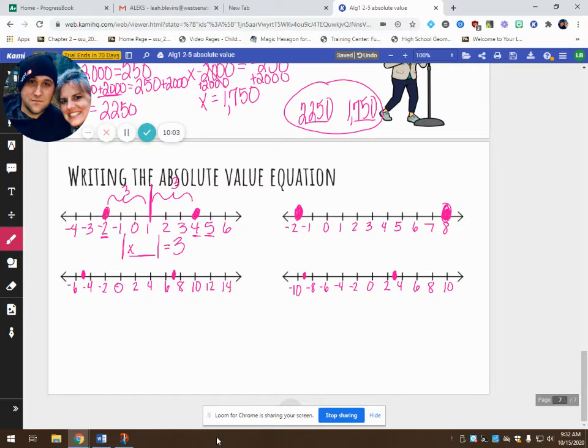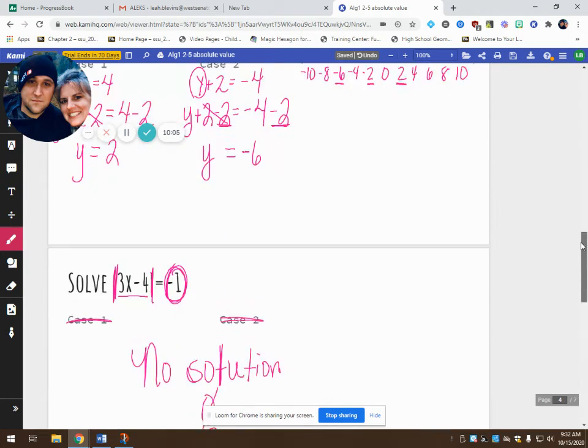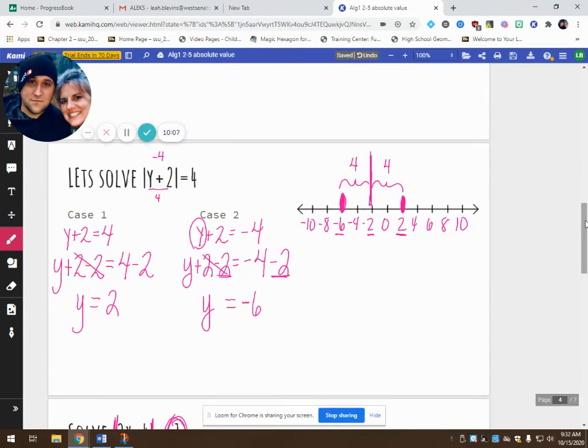So let's go back and look at that very first problem that we did. We were looking for the thing in the middle. It was 4 units away from the values that we solved for. So what we're doing when we look at the graph and writing the equation, we're obviously working backwards. So comparing it to one that we've already solved, we had -6 and +2 as our solutions.